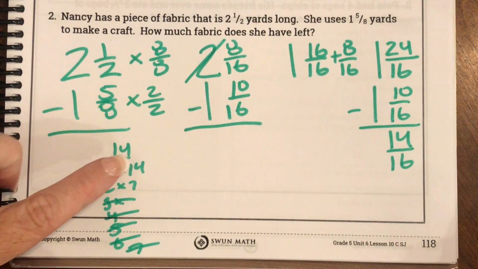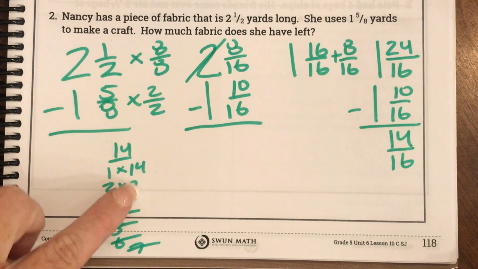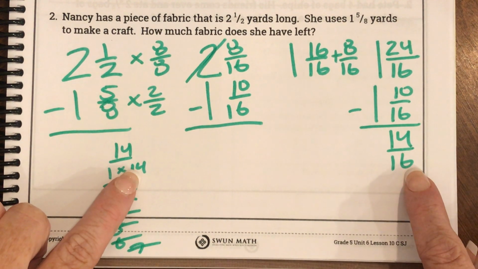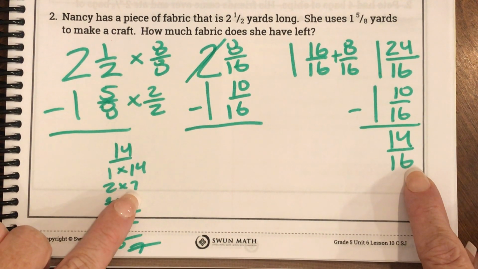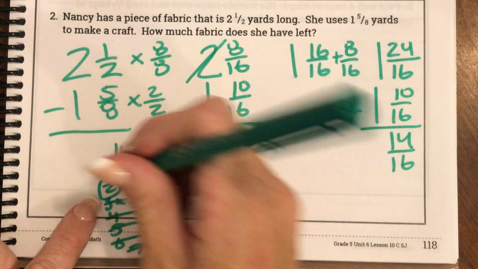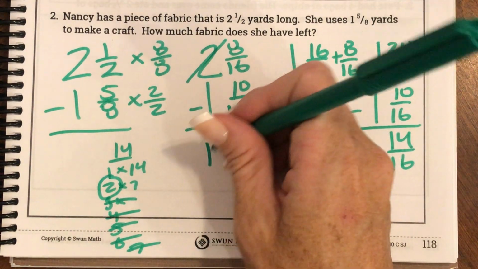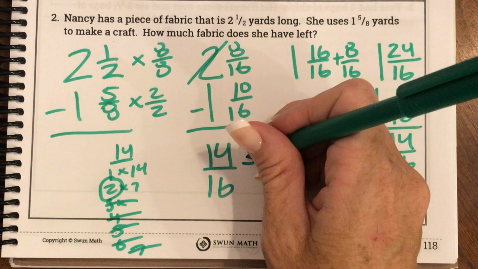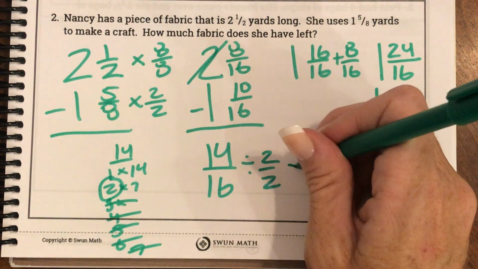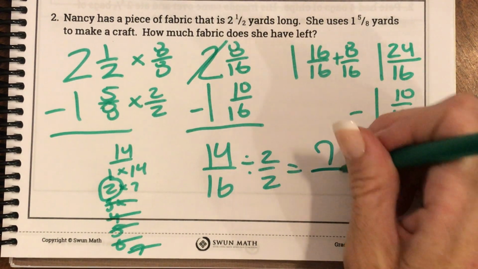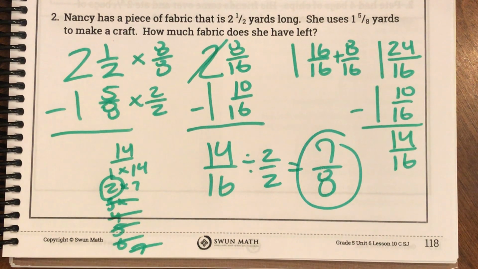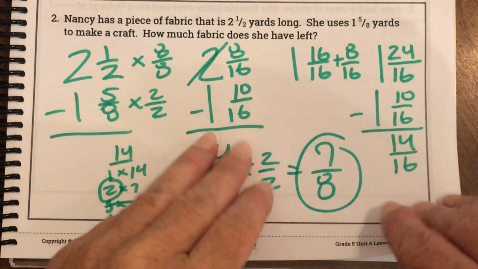Which means my factors are 1 and 14 and 2 and 7. So 14 is not a factor of 16, 7 is not a factor of 16, but 2 is. So 2 is my GCF. So let's divide by 2 over 2 and we get 7/8.